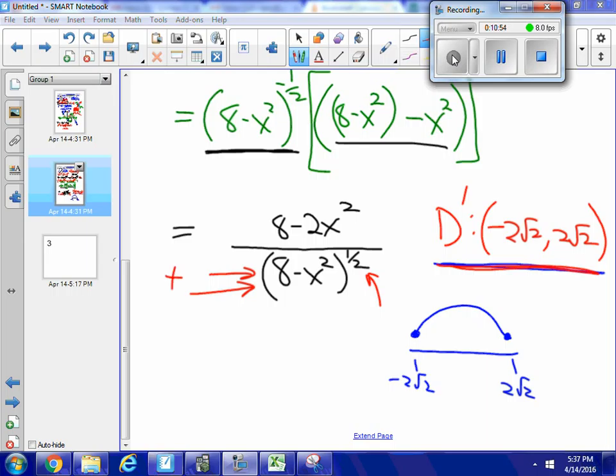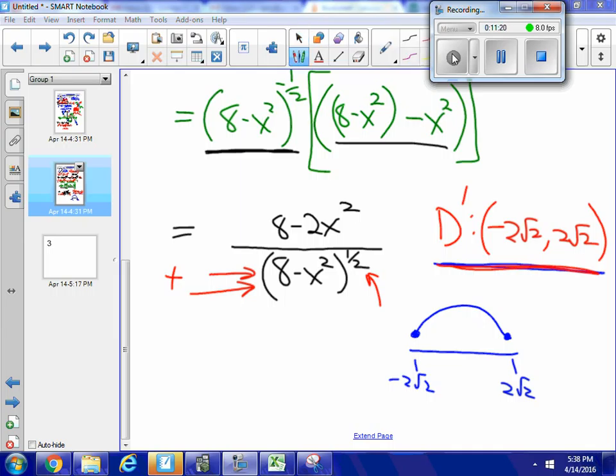That's going to make it easier for us to do our first derivative test. So remember, we're looking to find extrema, local and absolute extrema. We've already determined we have endpoints, and endpoints are pretty much always some kind of extrema, but I want to find where I might have other extrema.